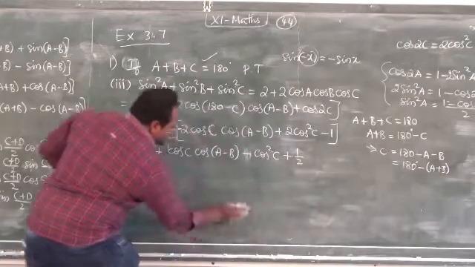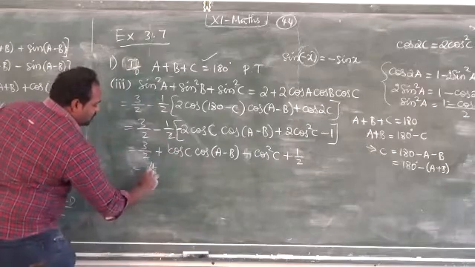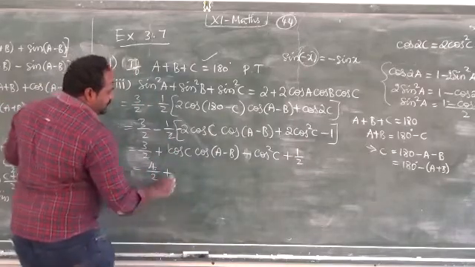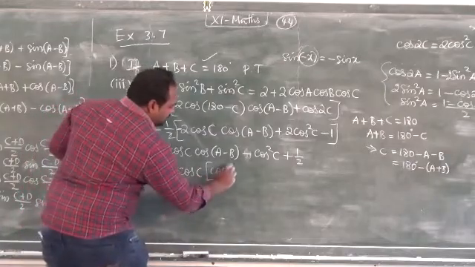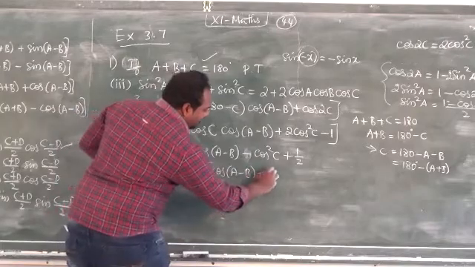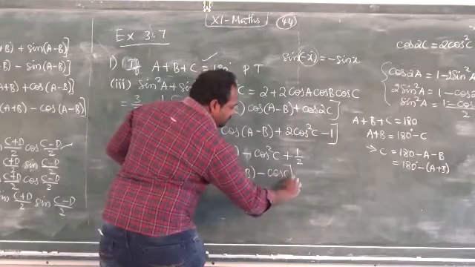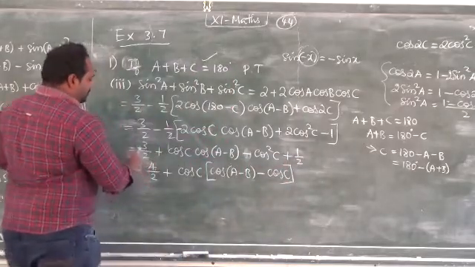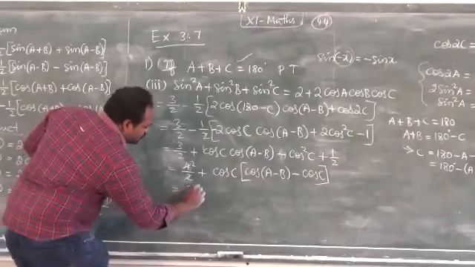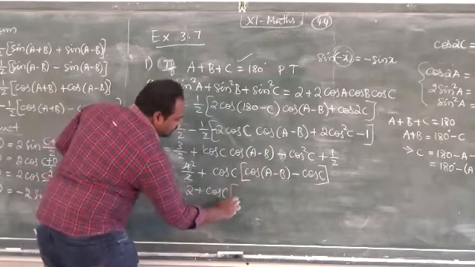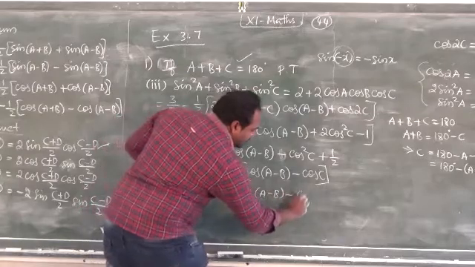Now 3 by 2 plus 1 by 2, we can add the terms: 4 by 2, that is 2. Plus, here I am going to take cos c common outside in this term: cos of (a minus b) minus cos c, so cos c alone remains.